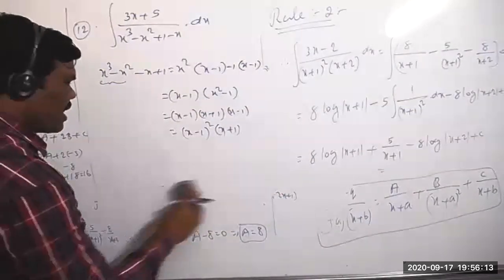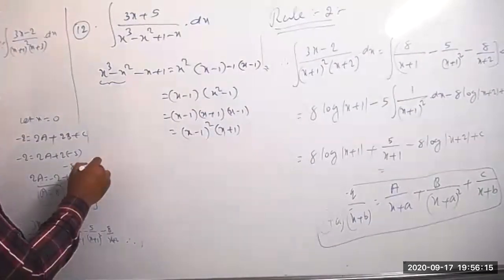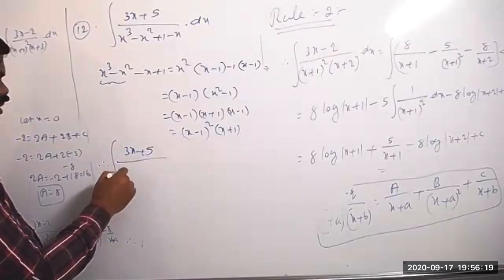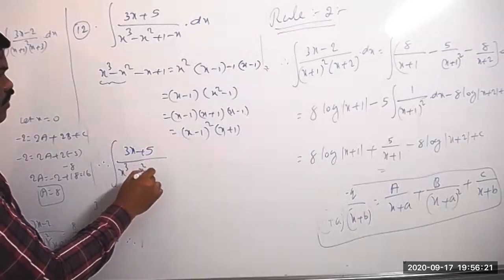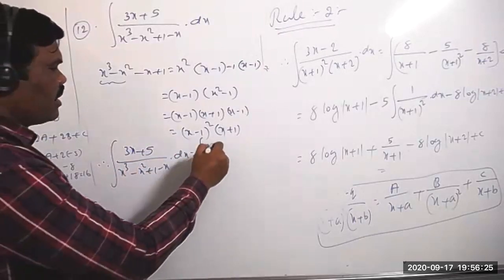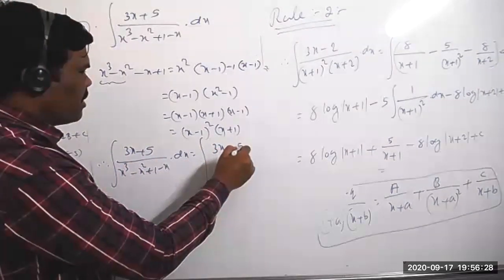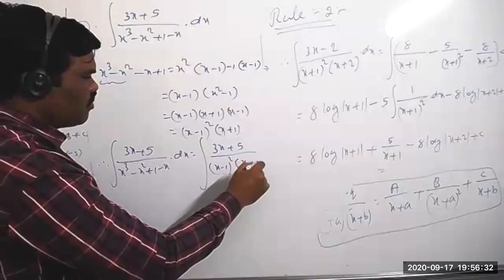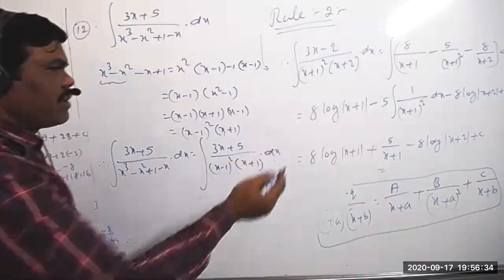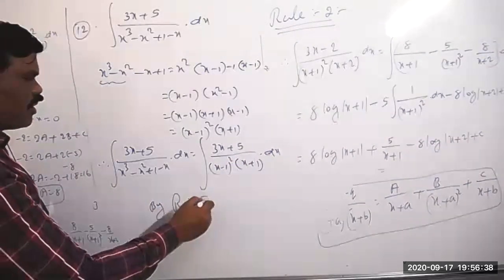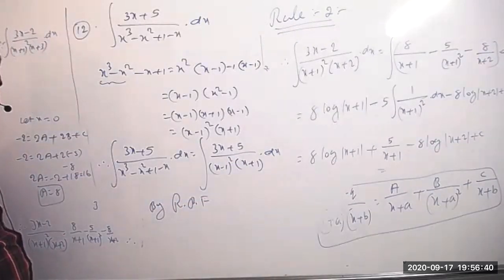Now we can substitute in there. So therefore integration of (3x plus 5) by (x cube minus x square plus 1 minus x) into dx is equal to, you can write clearly (3x plus 5) by (x minus 1) whole square into (x plus 1) into dx. Now we can resolve into partial fractions by RPF, that means resolving into partial fractions.